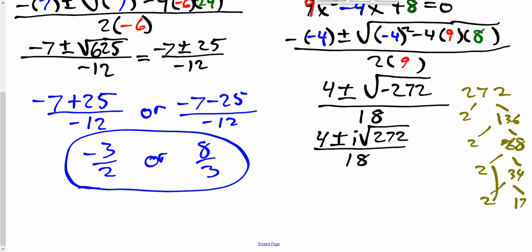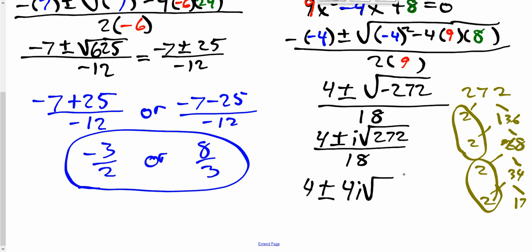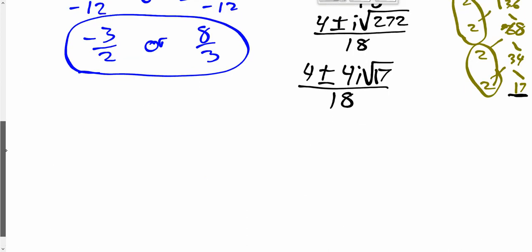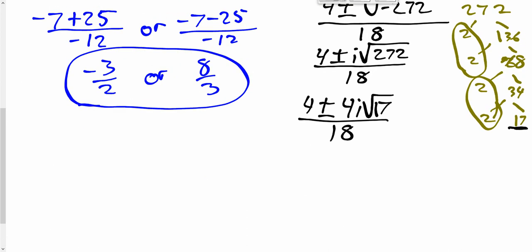So I can pull out this pair of 2's, and this pair of 2's, out of my root. Pull out a 2, and another 2, really gives me a 4 in front with my i. I didn't do anything with that 17, that stays there, over 18. Now, I can go ahead and simplify a little bit more. I can pull a 2 out of the top.